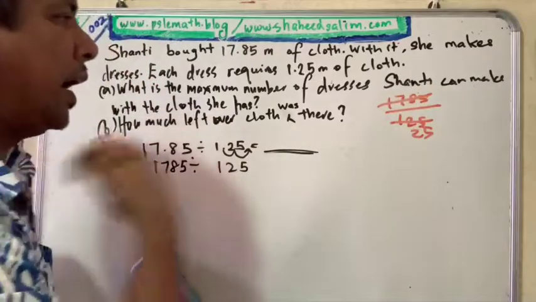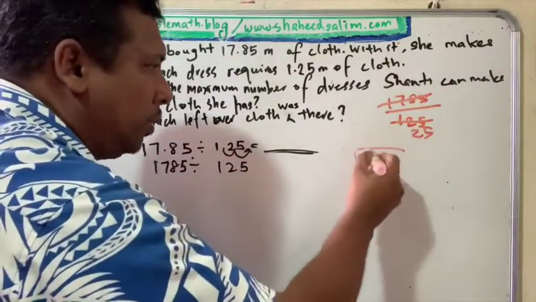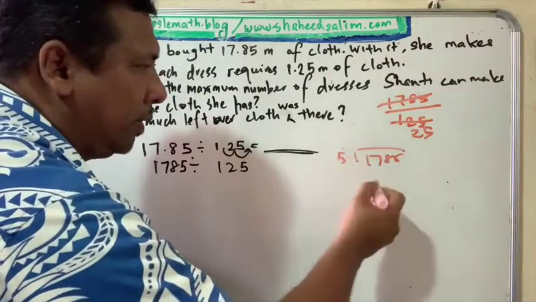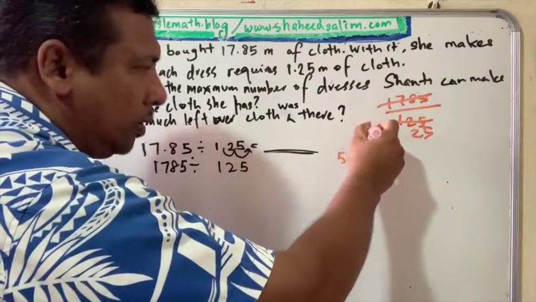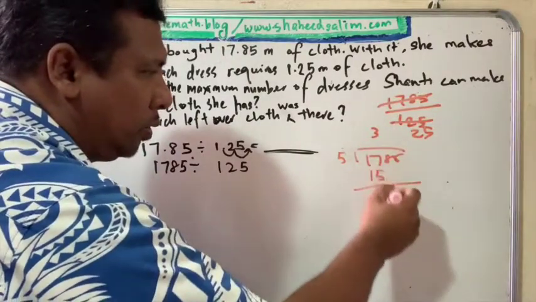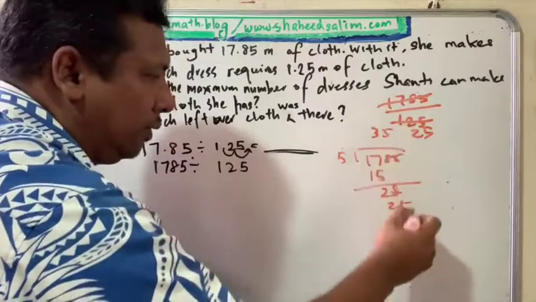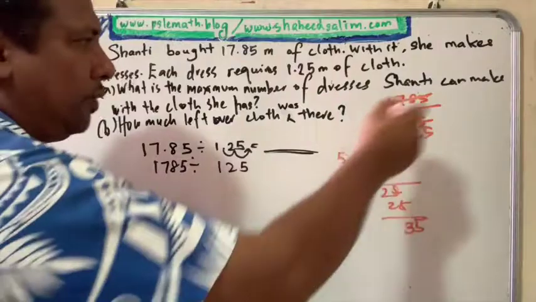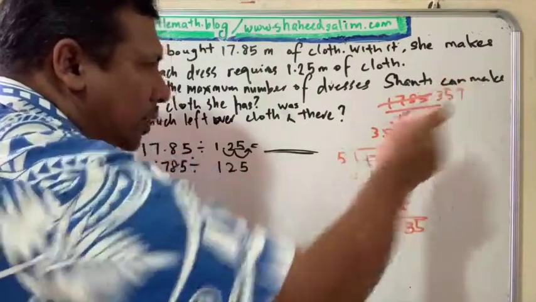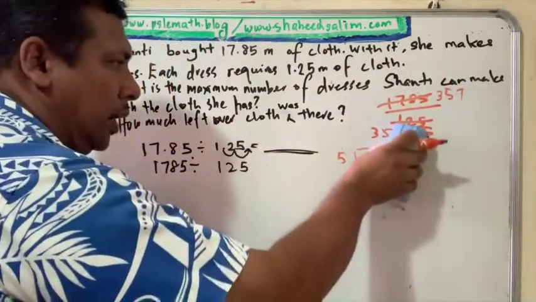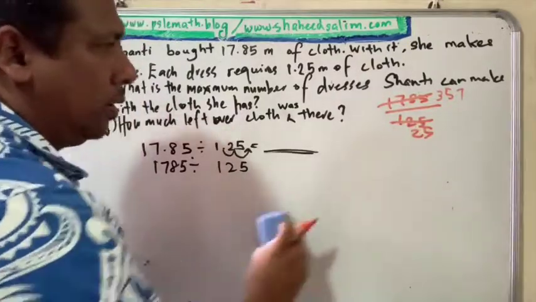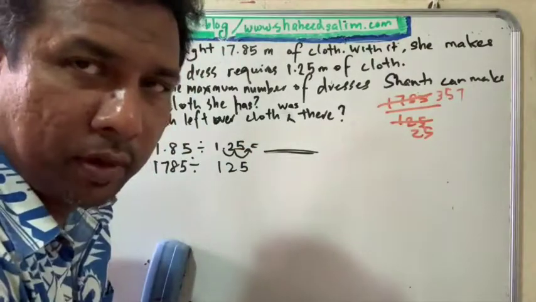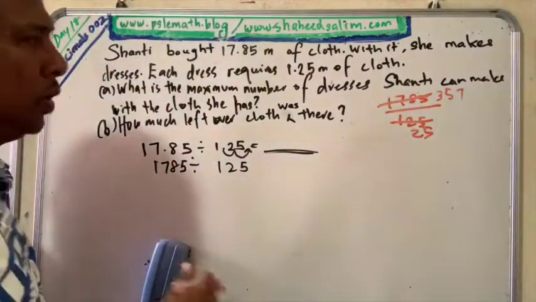Divide by 5 on the top: 1785 divided by 5 gives 357. You can't divide any further. This can divide by 5, but this cannot divide by 5. So what do we do? Let's do long division then.